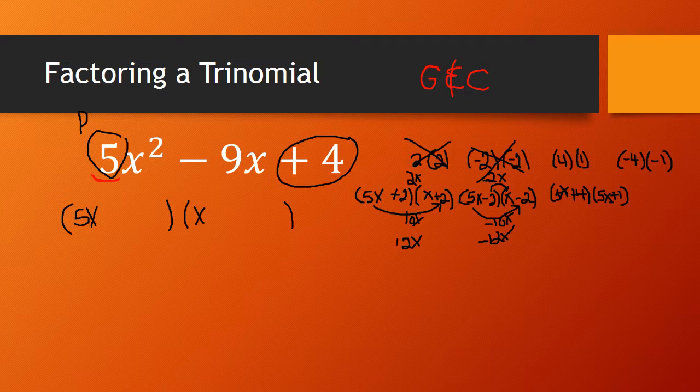So multiplying the inner product, 4 times x is 4x, and 5x times 1 is 5x. 4x plus 5x is not negative 9x, it's 9x.